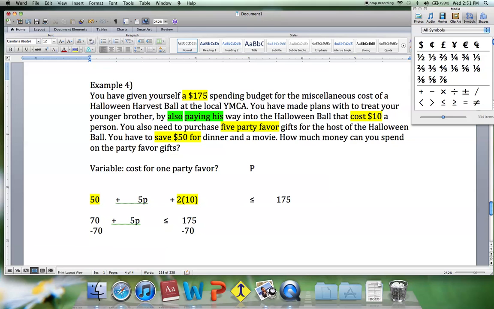And we're left with 5P less than or equal to 105. And now we're going to divide both sides by 5.